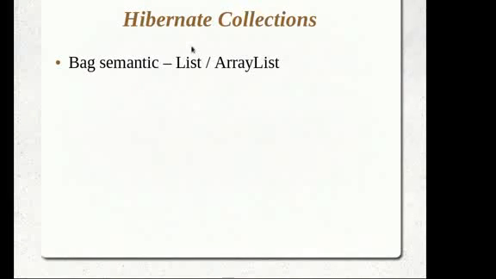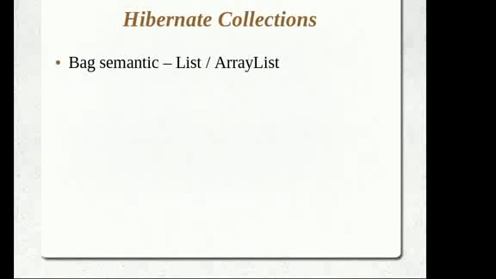Hibernate has a bag kind of collection object that it supports. A bag is similar to a real life bag. It doesn't matter how you put things inside it. You can put things into a bag in any order and retrieve them in any order. That is the bag semantic that Hibernate supports.